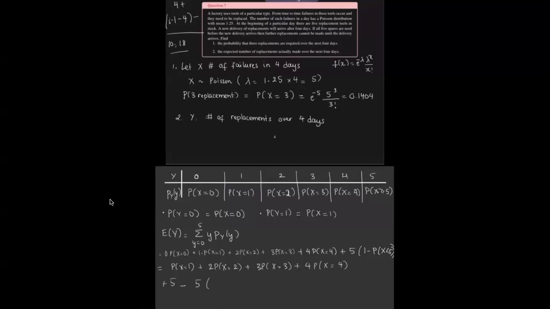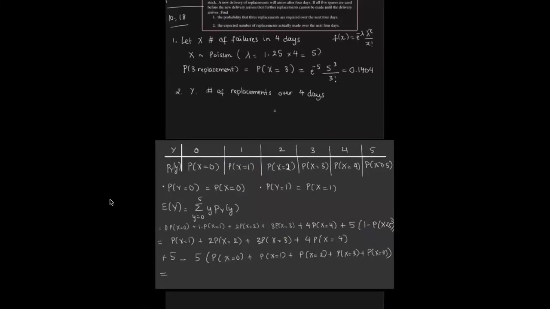So probability of x less than 5 is the same as probability x equal to 0 plus probability x equal to 1 up to 4. Like this.